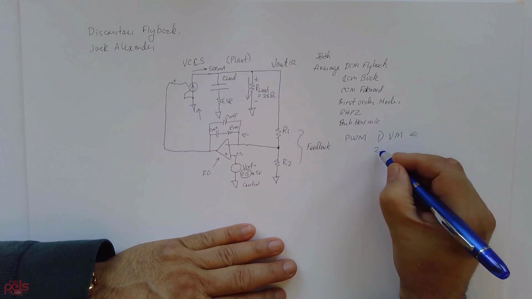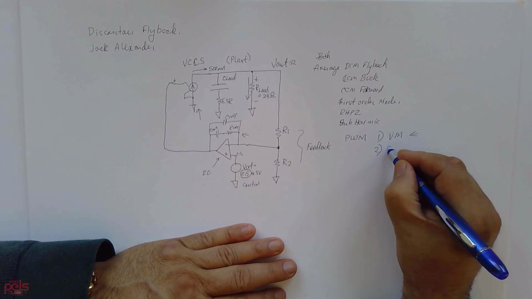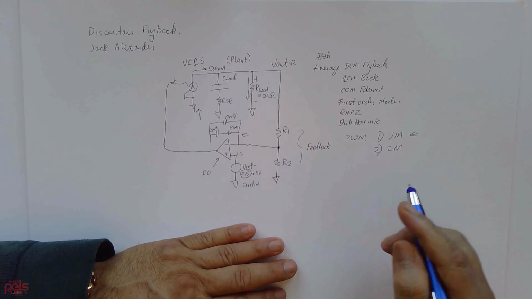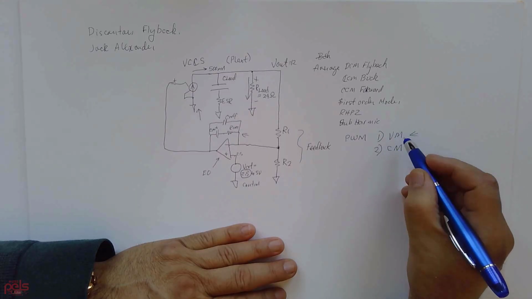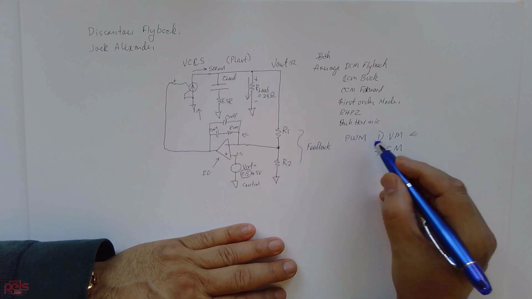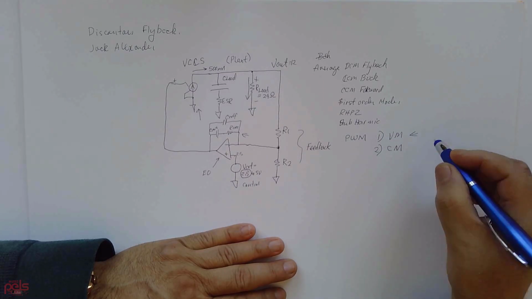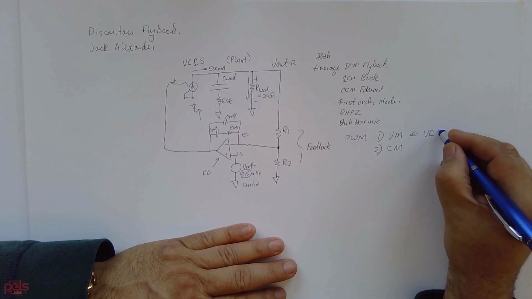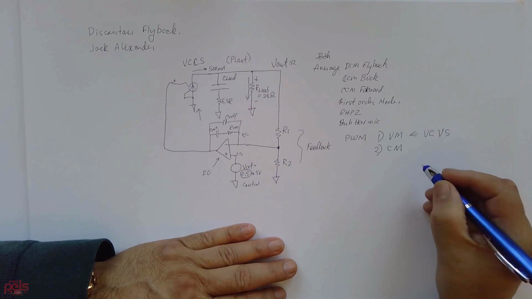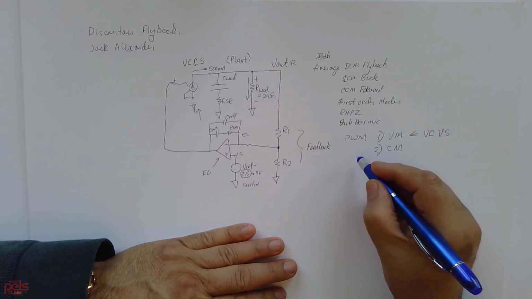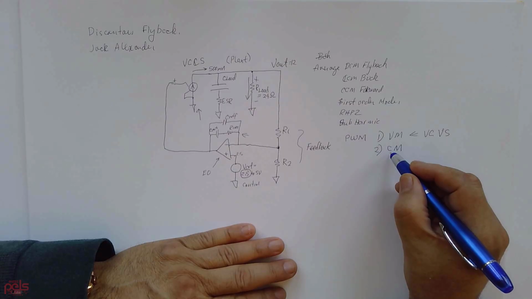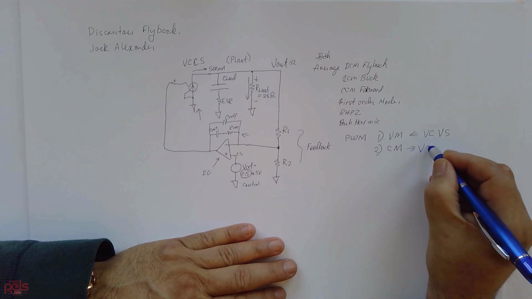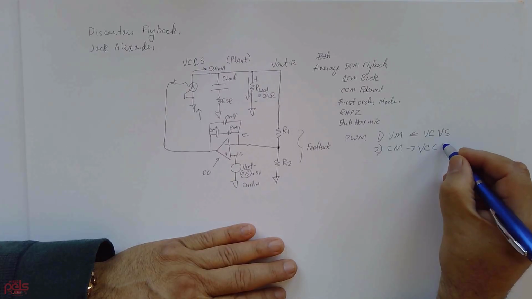The second is current mode. If you're using a PWM that is voltage mode, then you use a voltage control voltage source. But if your PWM is current mode, then you want to use a voltage control current source.